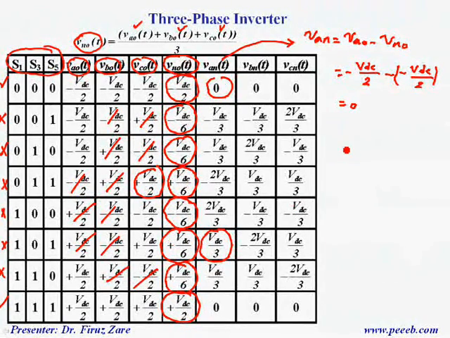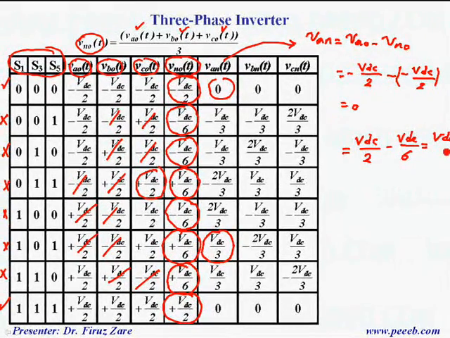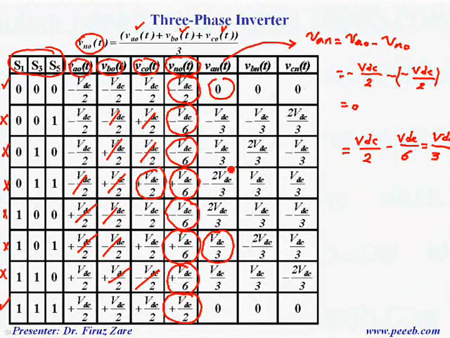Again here the leg voltage is plus VDC over 2 minus common mode voltage, which is VDC divided by 6. So here we can find the phase voltage, which is VDC divided by 3. So we can find the phase voltage for other switching states and other phases according to this equation and similar equations for other phases.